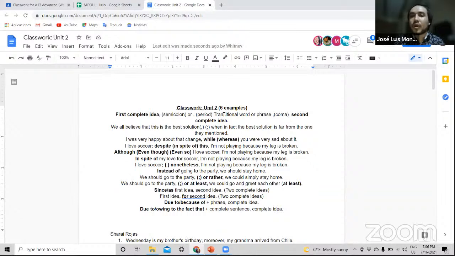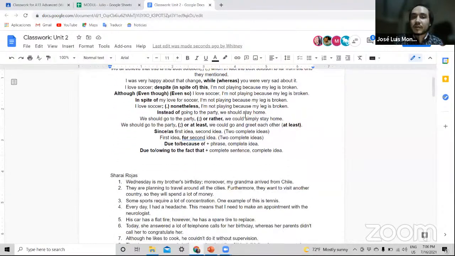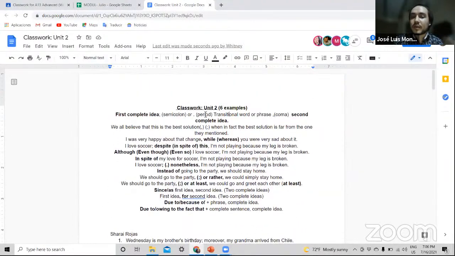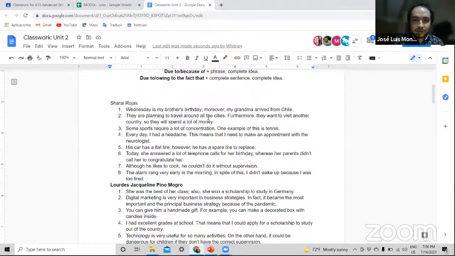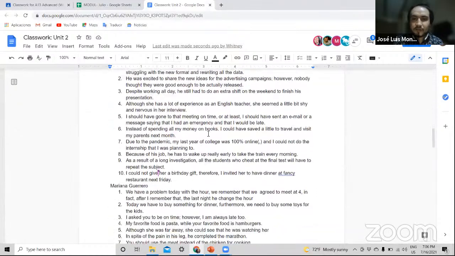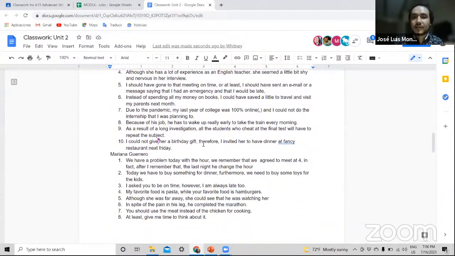We cannot use a comma before the transitional word or phrase when it's in the middle of the idea. If it's at the beginning, only a comma is more than enough. But if it's in the second part, we need the period or semicolon. So in that case, for perfect grammar and perfect writing, we need a semicolon at least before therefore. It would be incorrect and a mistake in punctuation to have that comma.